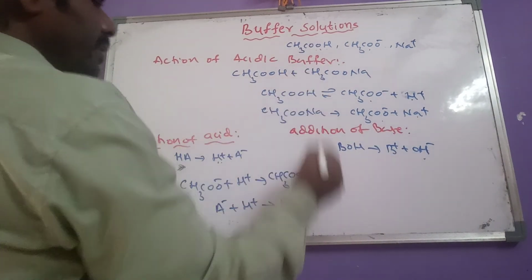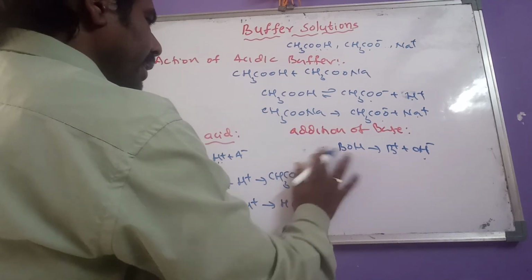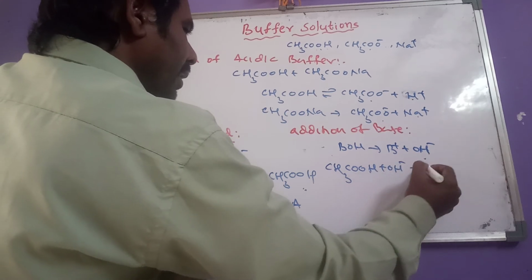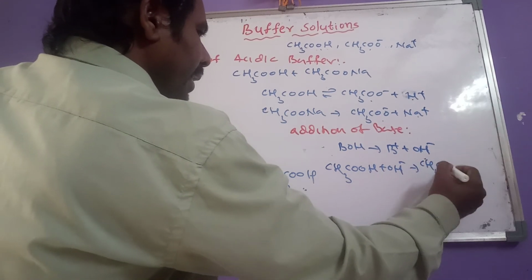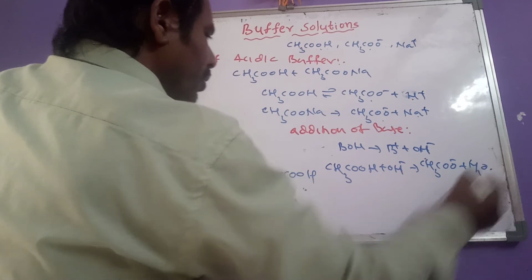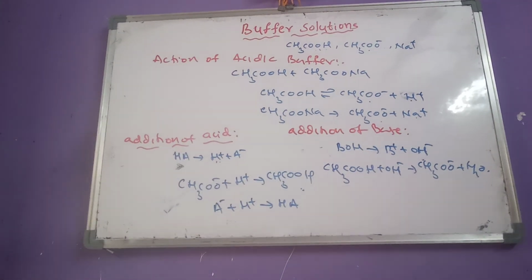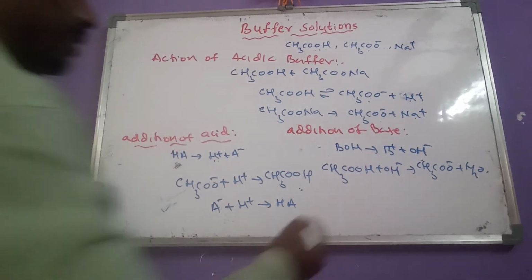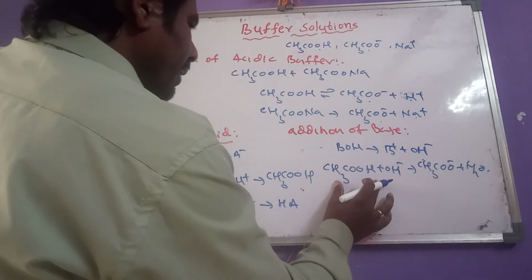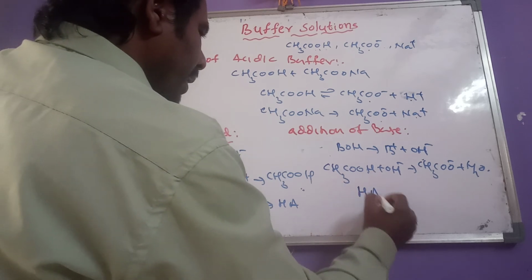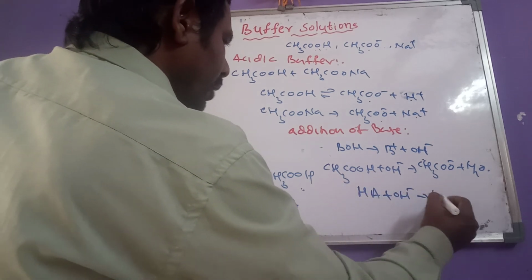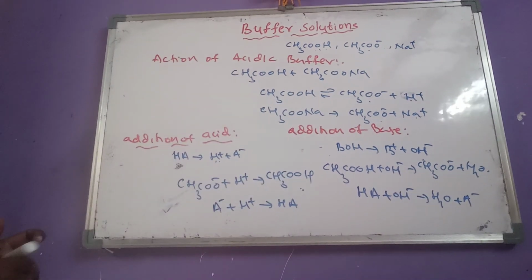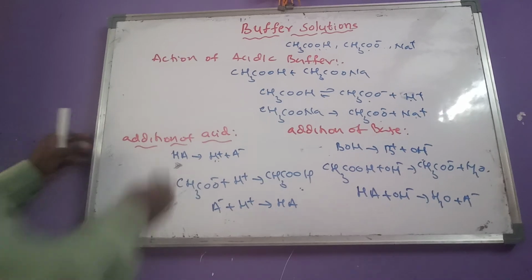So this acetic acid reacts with OH minus and converts it into CH3COO minus and H2O. As all OH minus ions have been removed, there is no change in pH value. The general equation is: HA plus OH minus gives H2O plus A minus. So this is the action of an acidic buffer.